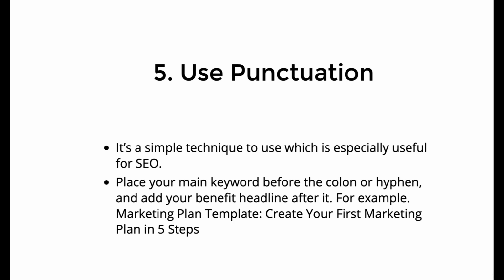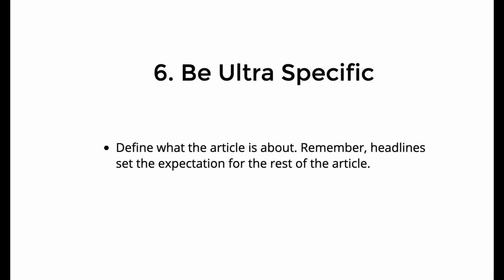It's very important. Also, just to make it clear, guys, tip number 6 is to write headlines that are ultra specific. So if you really want to define what the article is about, remember guys that headlines set expectations for the article.